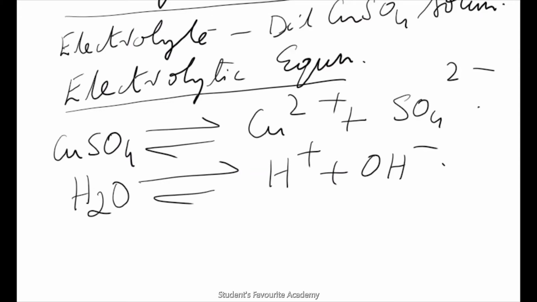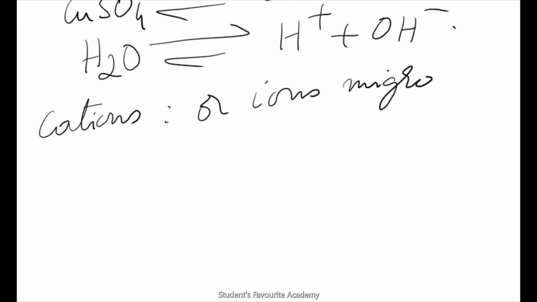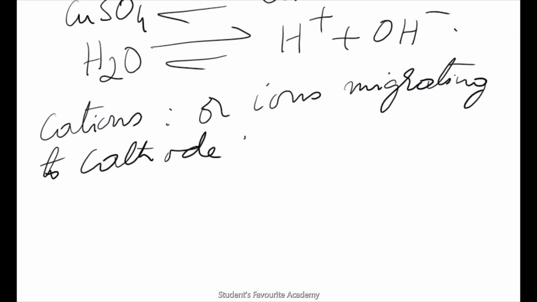Then cations, or they say ions migrating to cathode. Their cathode is negatively charged, so Cu2 plus and H plus ions migrate there.